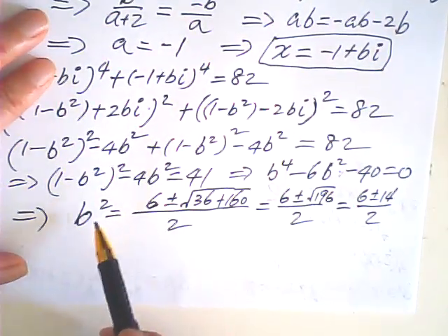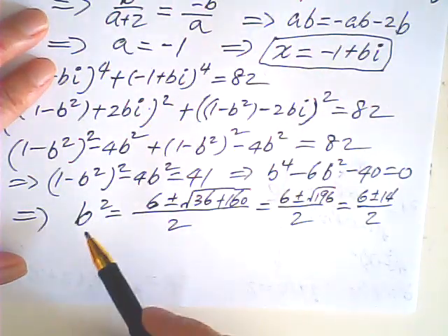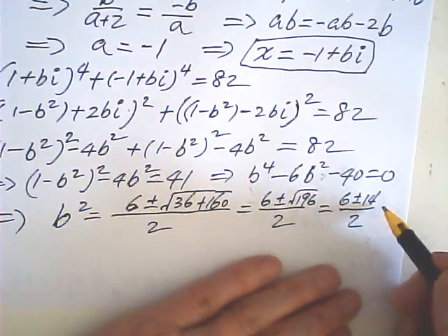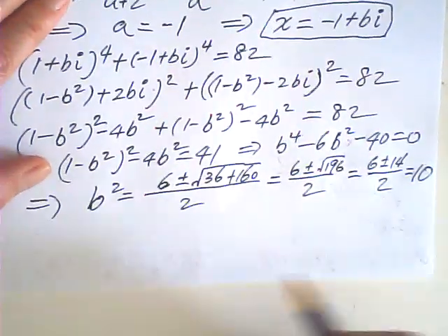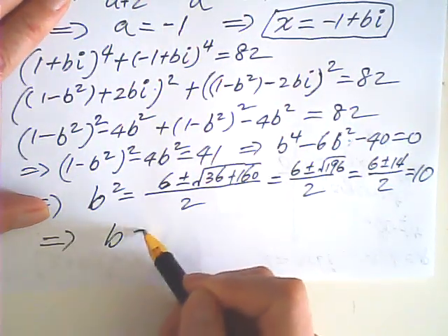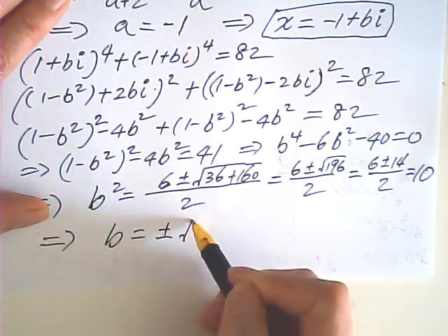Since b square is positive, we take only the positive, that is 10. Good. So which means that b is equal to plus or minus root 10.